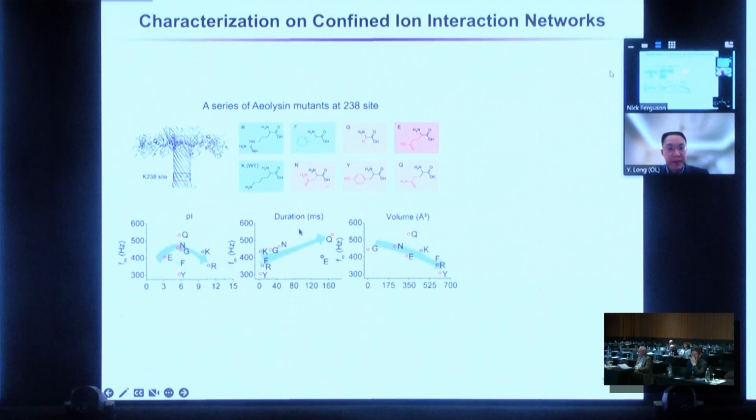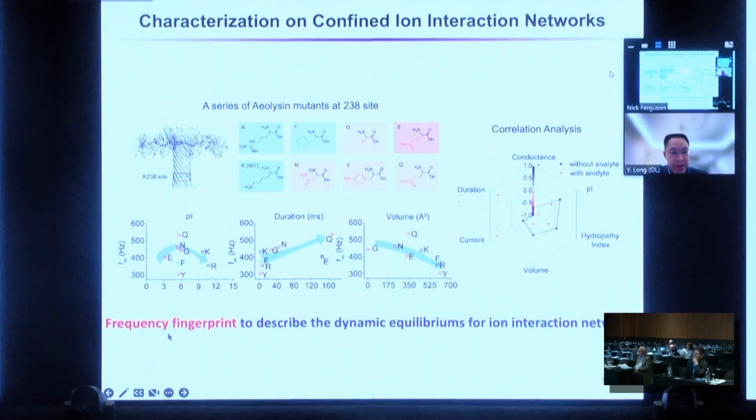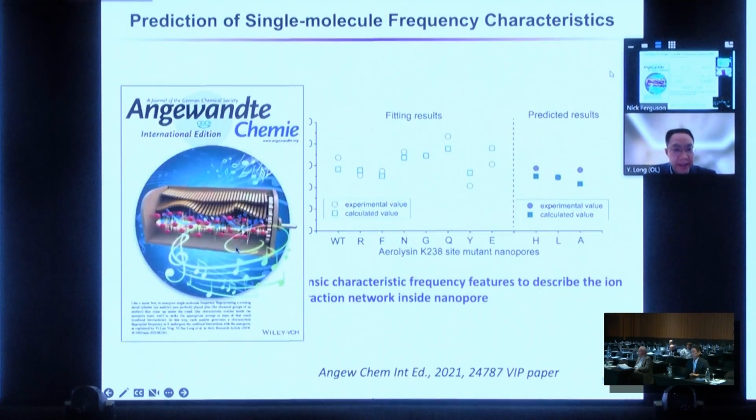We can play with different mutated channels to look at different peptides here. As the conclusion, we can get a frequency fingerprint to describe the dynamic interactions inside this nanopore. These interactions look like a piano, and we can play with the keyboards. Then we can get the music of the molecule.